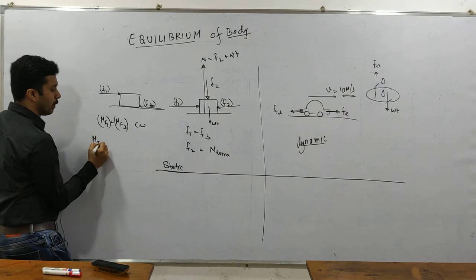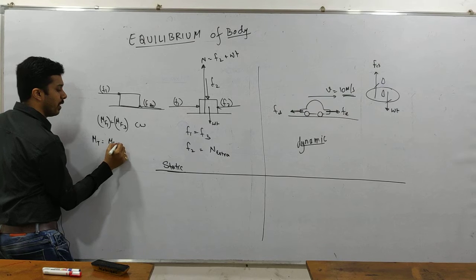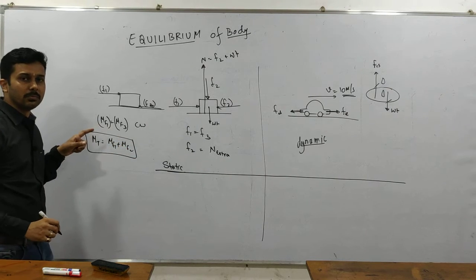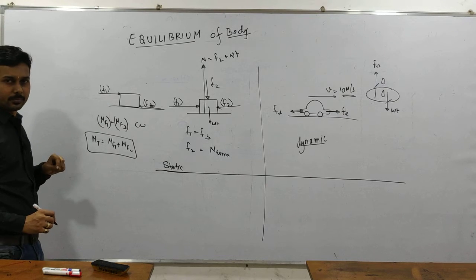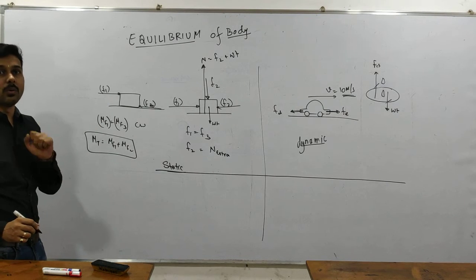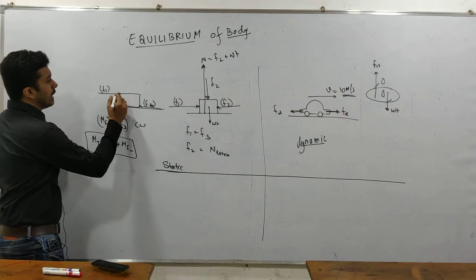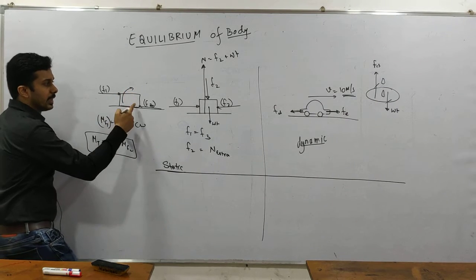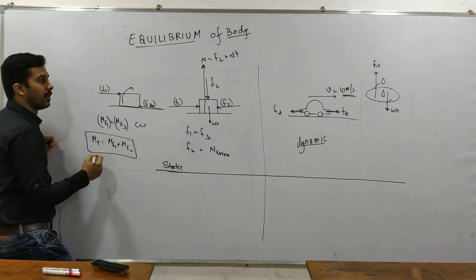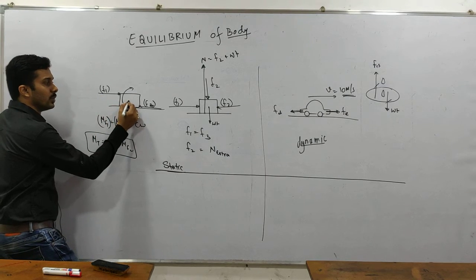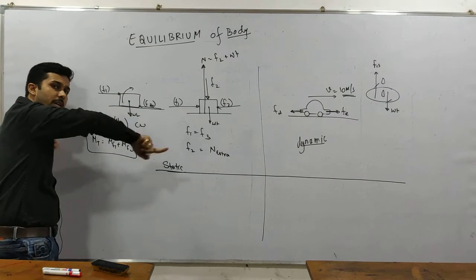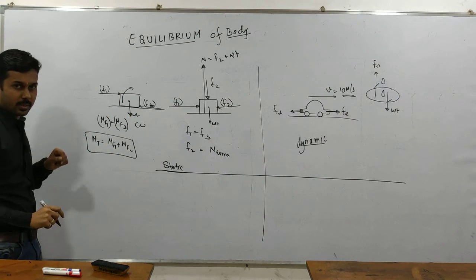So tell me, what is the total moment? Moment by F1 plus moment by F3. Is it an equilibrium? Let's say it is an equilibrium. Then there must be a counter force. You see, this is trying to lift the body up in this direction. This guy is also trying to lift the body up. But there is one force, that is its weight, which is trying to rotate it anti-clockwise.